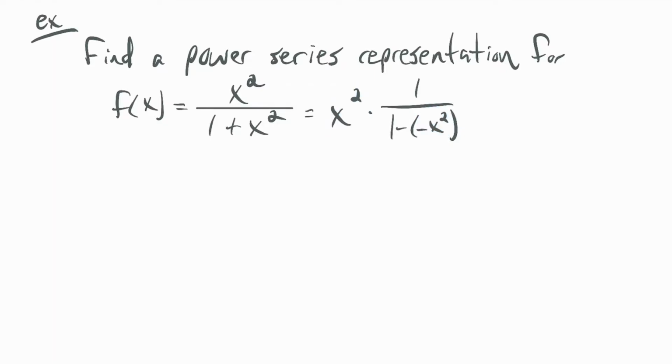So this will be x squared. Well, there's several ways to write this. I guess I'll do it this way. This will be the sum as n goes from 0 to infinity of x squared times negative x squared to the n power. Okay. Now, if I want, I can write it like this. I could leave it this way, but that's a little messy. I've got x in two places. So if I want, I can write it like this.